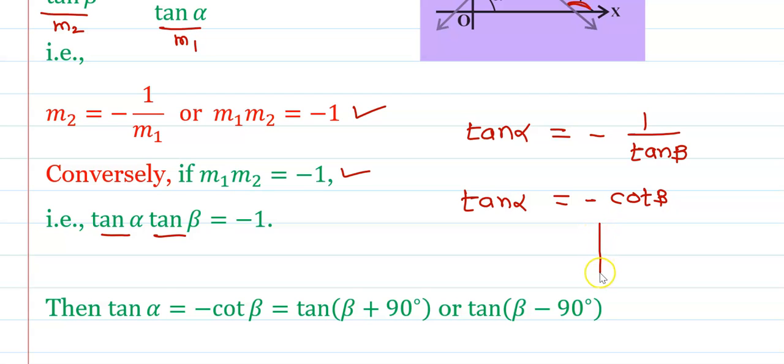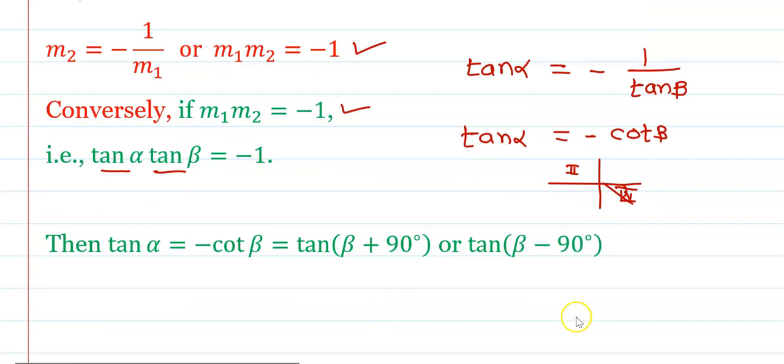Tan is negative in the second and fourth quadrants. In the second quadrant we can write beta plus 90, and in the fourth quadrant we can write beta minus 90. Therefore we have written tan of alpha is equal to tan of beta plus 90, or tan of beta minus 90.